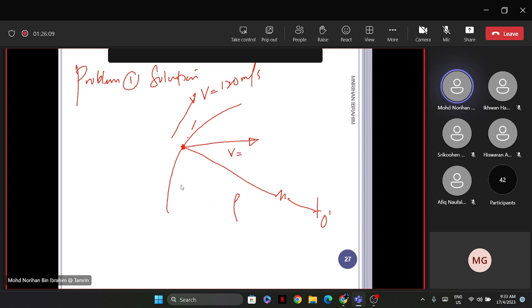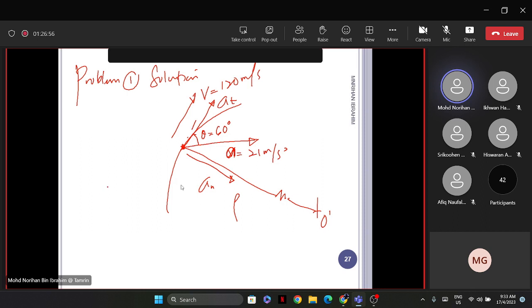So a is equal to 21 meter per second square. To find out the rate of increase at this instant, there will be a tangent component, A tangent, and also another component which is A normal, AN and AT. So this is what we need to find out, AN and also AT. At this instant, it is given that theta is equal to 60 degree.